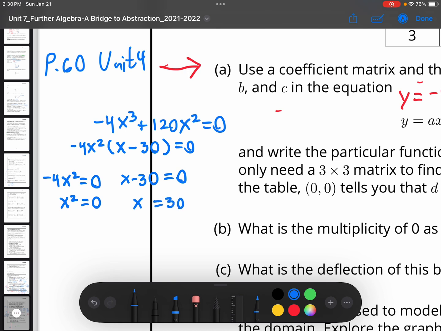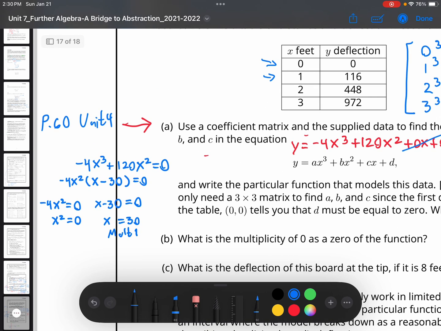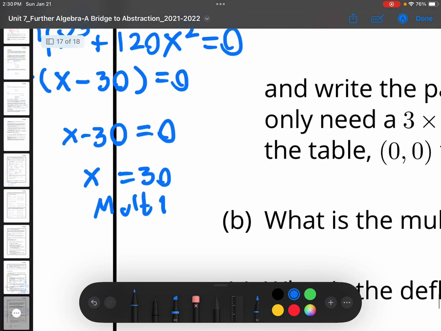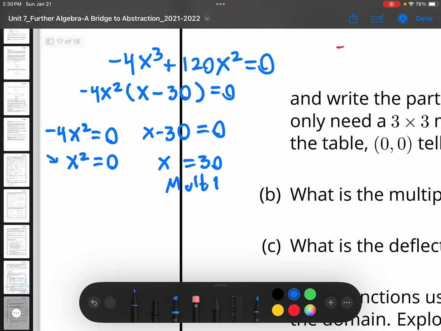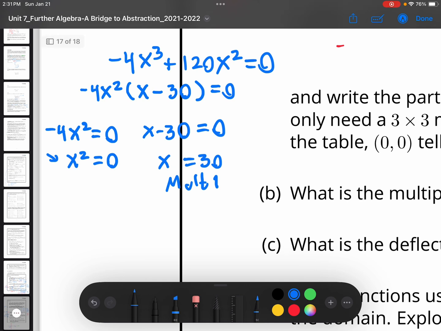That's 30. Now this is multiplicity 1, so this is not the one they're talking about, because they want to know the multiplicity of the 0 as a zero of the function. So they want to know the multiplicity of this side, not the right side. If I take the square root, and this is a part that's a little bit difficult: if you have x squared equal to 0, the answer is obviously 0, but this is actually a multiplicity 2.